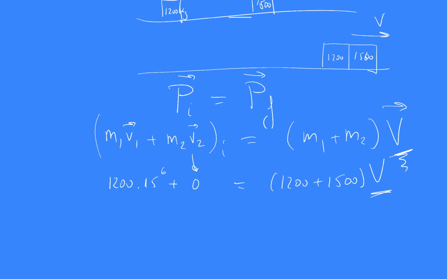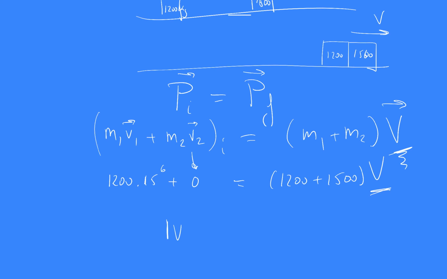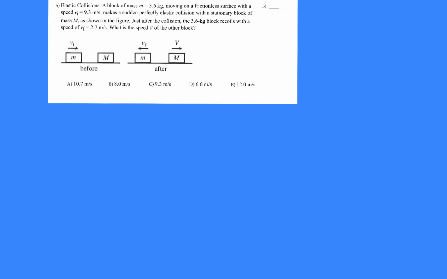So the magnitude of the velocity v is 1,200 times 15.6 divided by 1,200 plus 1,500. If you do it, you should find one of the possible options here.